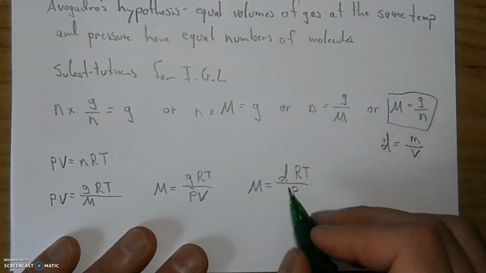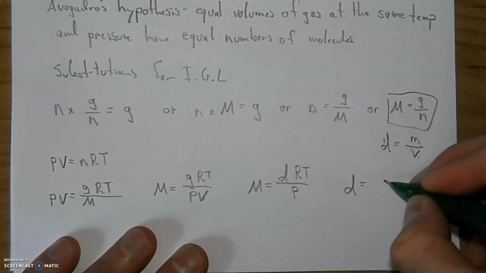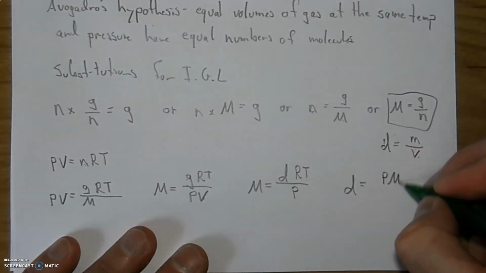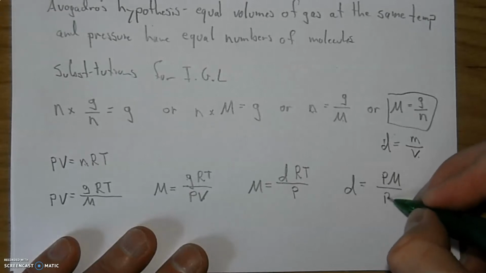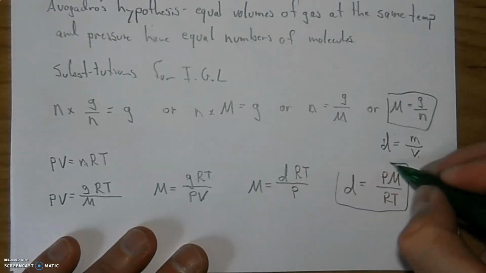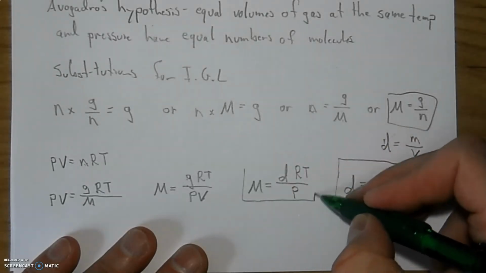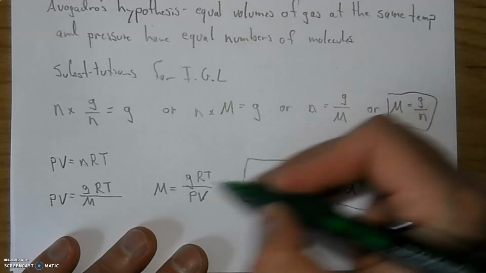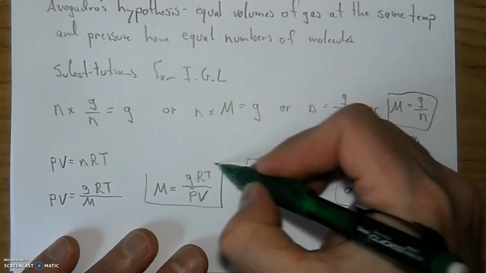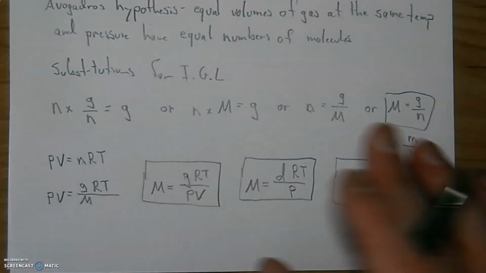And if I specifically wanted to solve for density, move things around a little more, and there you have it. So I've got a couple new equations that I could use to solve for other aspects. Easy enough. Okay, let's do a couple more examples in our homework.